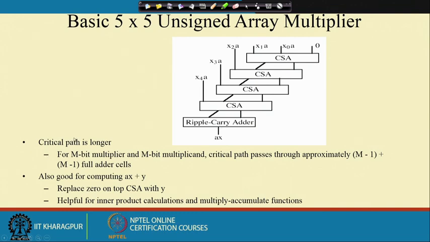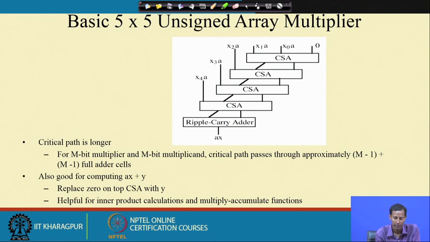Here, as you see, the critical path passes through several stages. The structure is such that we are doing one by one addition operation, not in parallel.